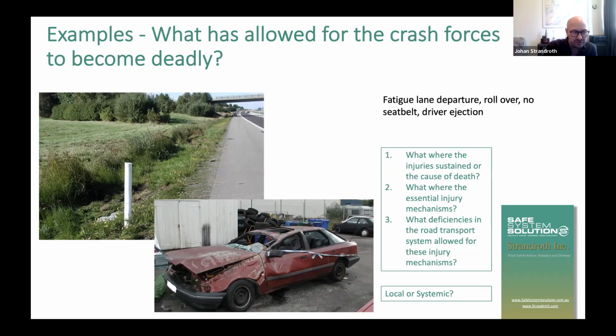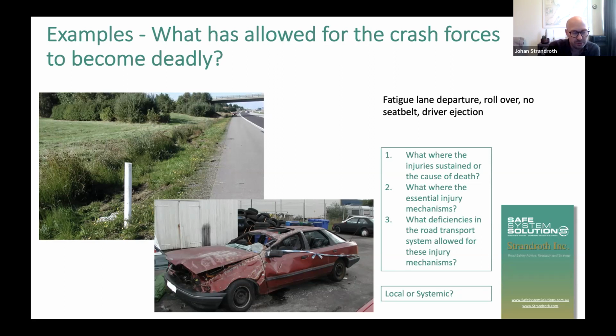And this is an interesting one because this is quite a common way of building a slope in a roadside area in Sweden. We don't use clear zones, but we would use a slope like this, and we would expect the vehicle to just stop in the slope, in the ditch. And in the absolute majority of cases, that's fine. But in some cases, you actually have those rollovers.